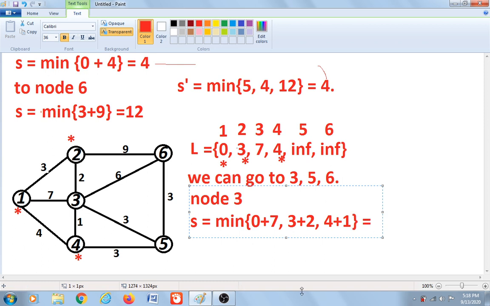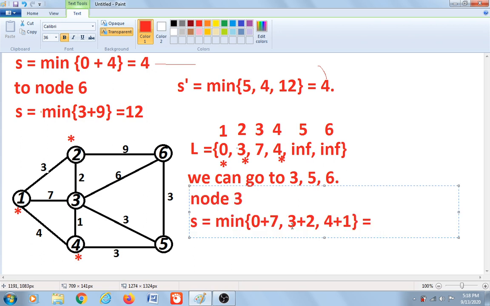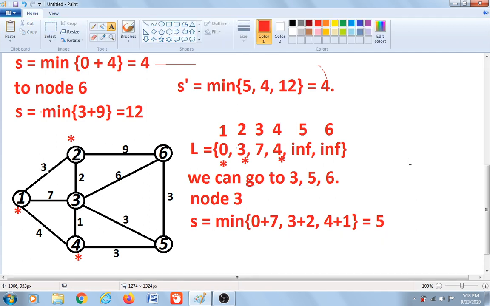That means 7, 5, and 5, and the minimum is 5. So we can go to node 3 from node number 2 or from node number 4, and the distance is the same, 5 and 5.